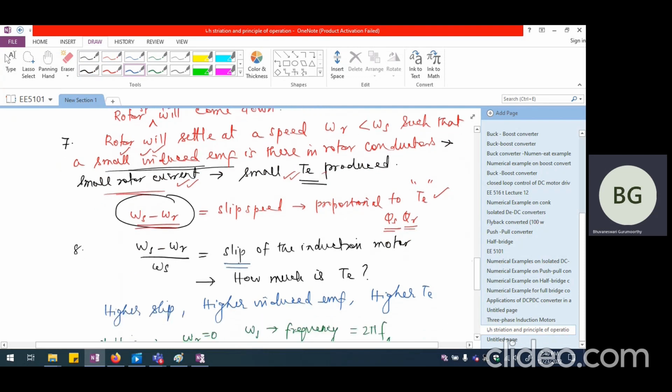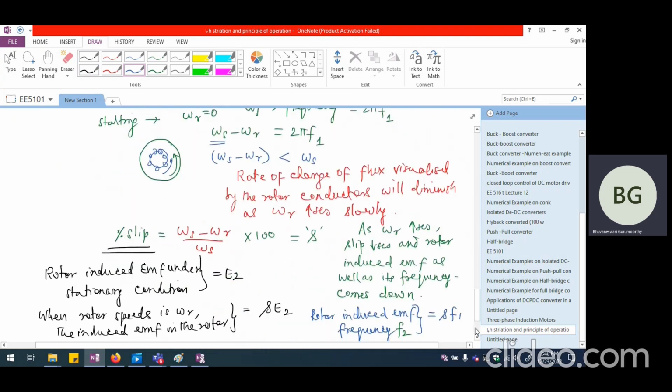And as the slip increases, you are going to have more and more current flowing through the rotor conductors because of higher induced EMF. So if we are loading the motor more and more, there will be more slip. That is, the difference between omega s and omega r will increase further and further.